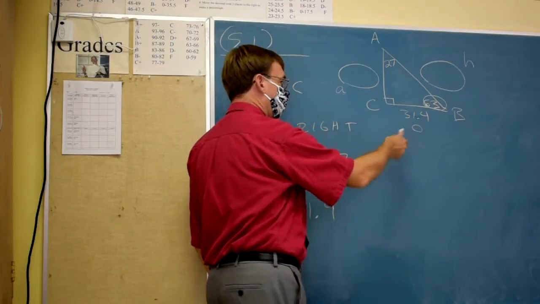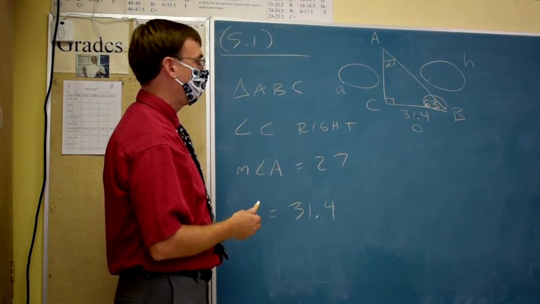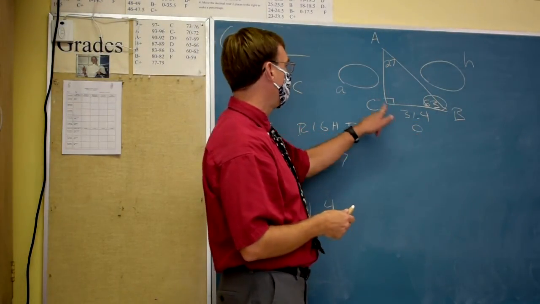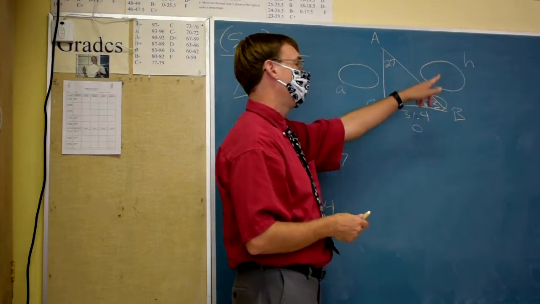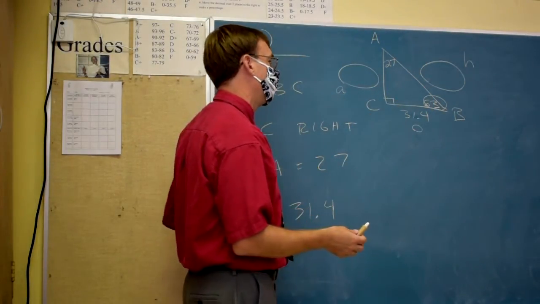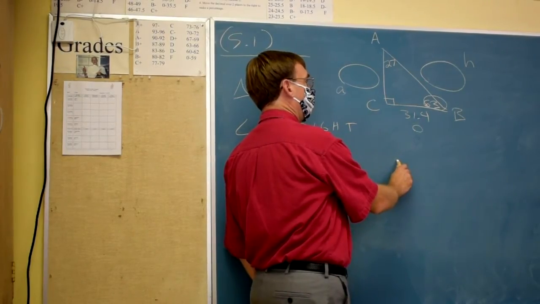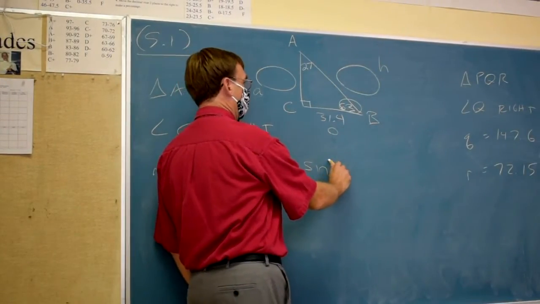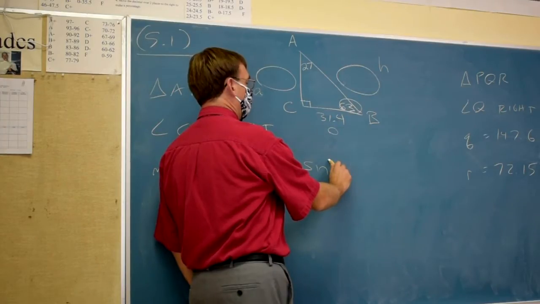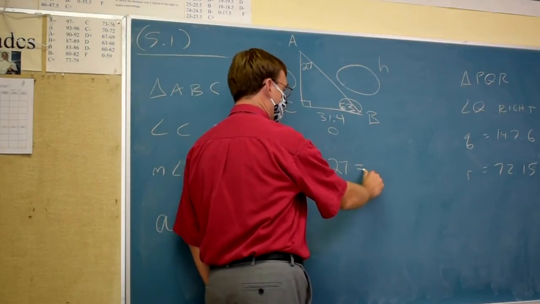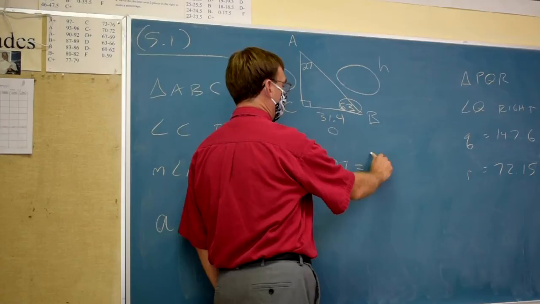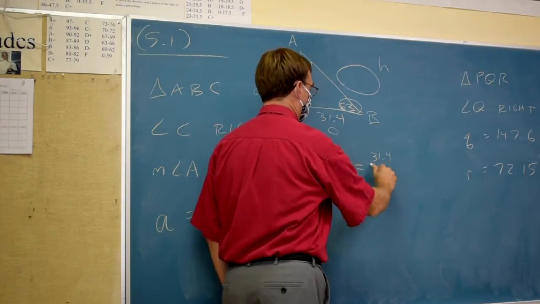Pick any of the trig things that has the O in it, because one of them, the O could lead you to A, the other one, the O could lead you to H. It doesn't really matter the order you do this. So any trig word with O in it. Sine 27 equals 31.4 over x.